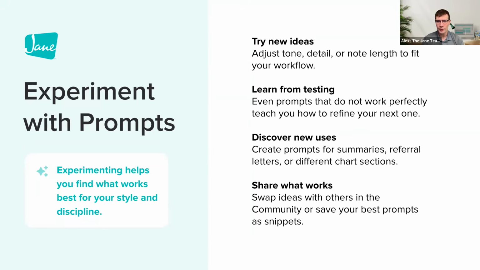I think we'll share that in the chat as well. And if you want to test one of those prompts now or follow along as we try a few new ones together, maybe this is a good time to open AI Scribe in your own Jane account if you like, and we'll dive into some more experimentation. Yeah, let's do it.